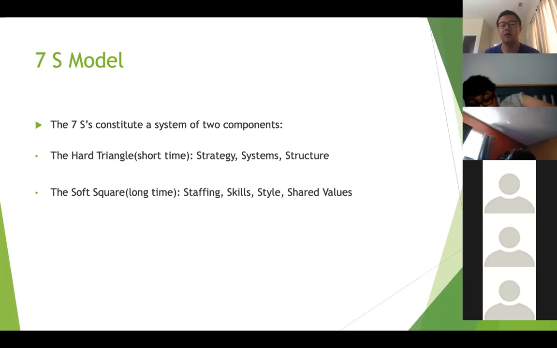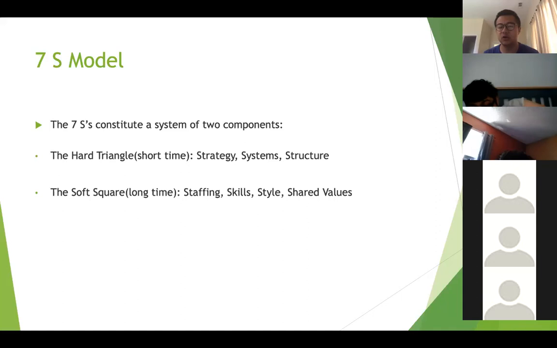Also the systems: if you want to buy some equipment, it takes a very short time. You can change the structure of the company, the different departments, lay off some laborers, and restructure your HR system. It can be achieved in a short time.